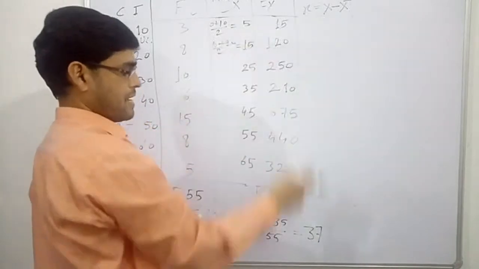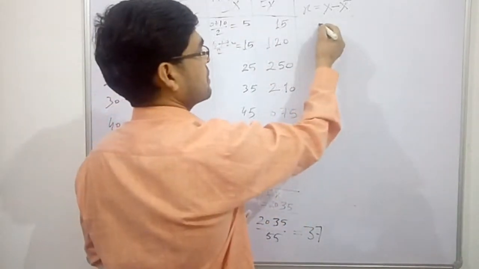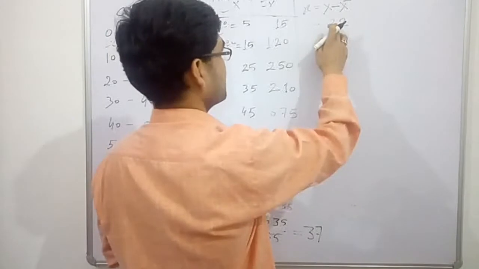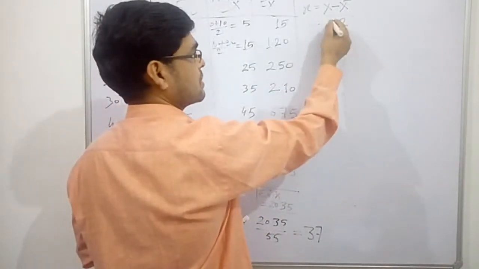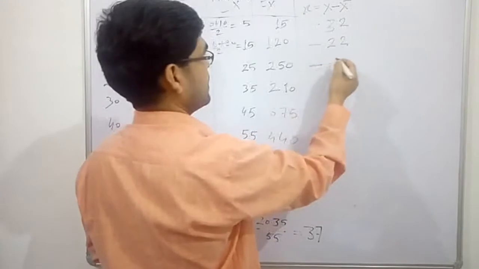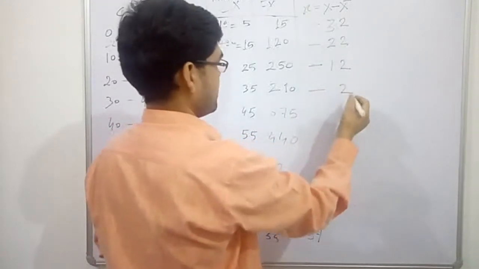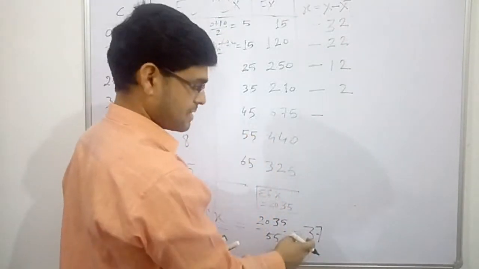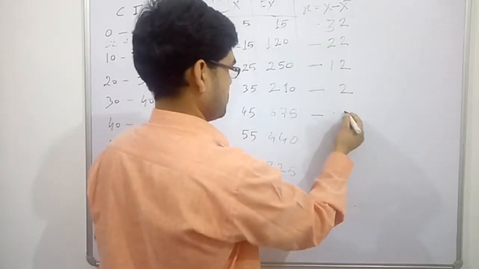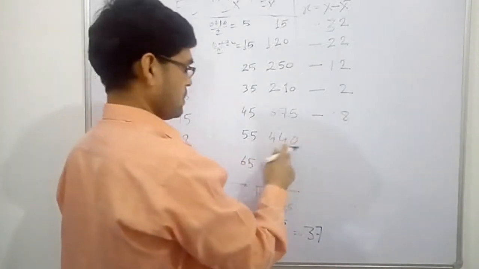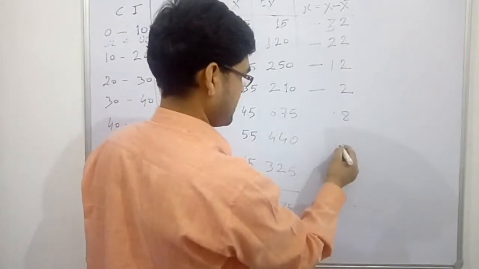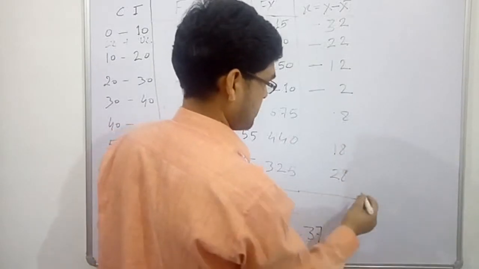So 5 minus 37 gives minus 32, 15 minus 37 gives minus 22, and then add 10 each time: minus 12, minus 2. Then 45 minus 37 gives 8, and then 18 and 28.